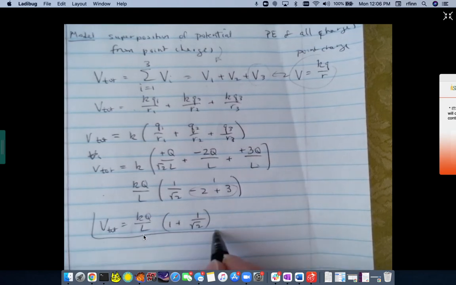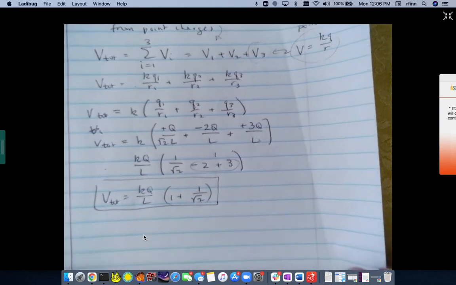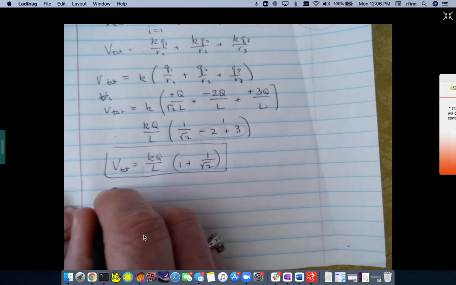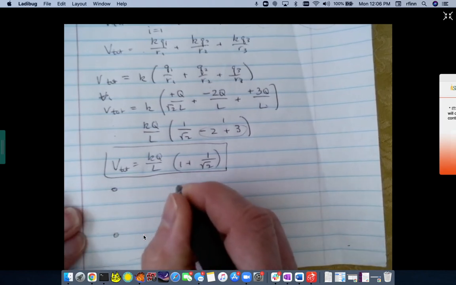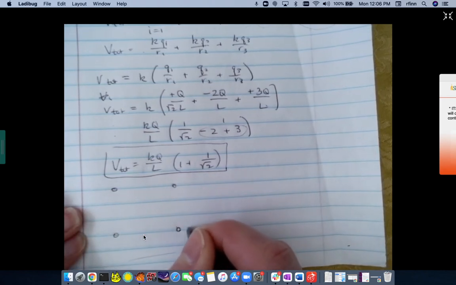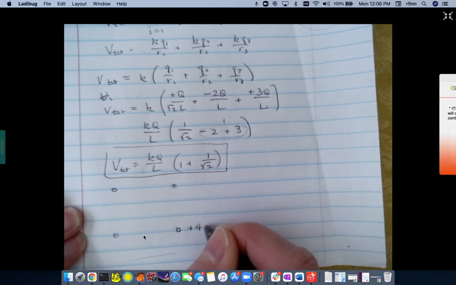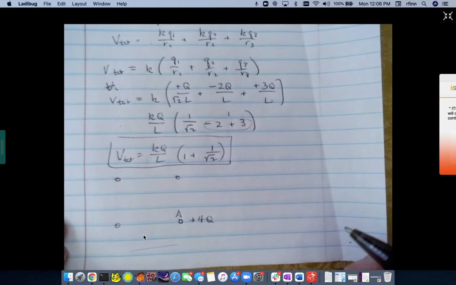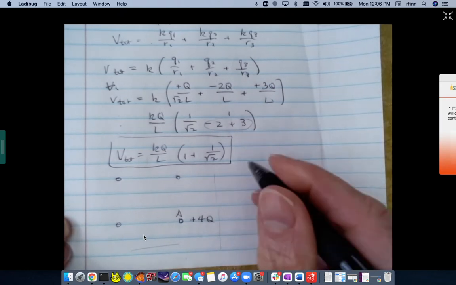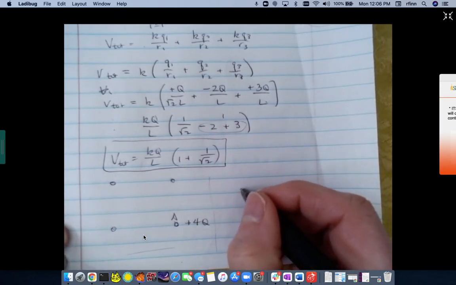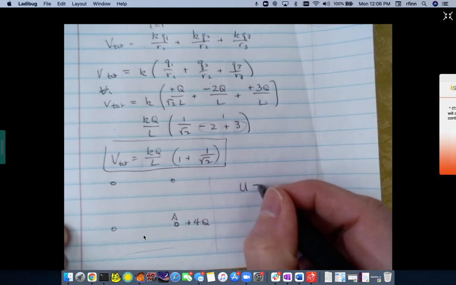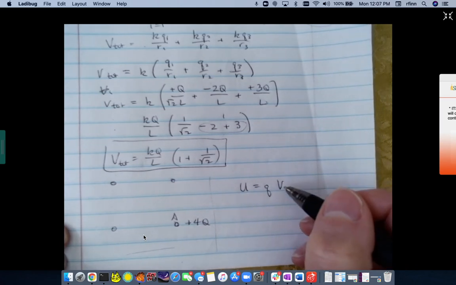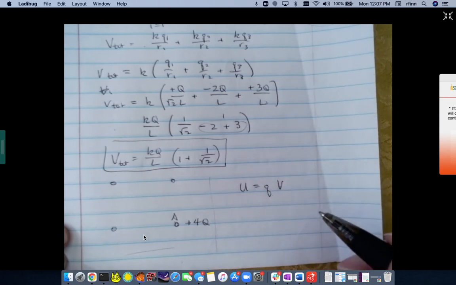Okay, so that was the first part. Now we want to find, if we bring in a fourth charge to the square, what is its potential energy? So we're adding 4Q here at point A. We can use the information that our potential energy is Q times V, or potential is energy per charge.